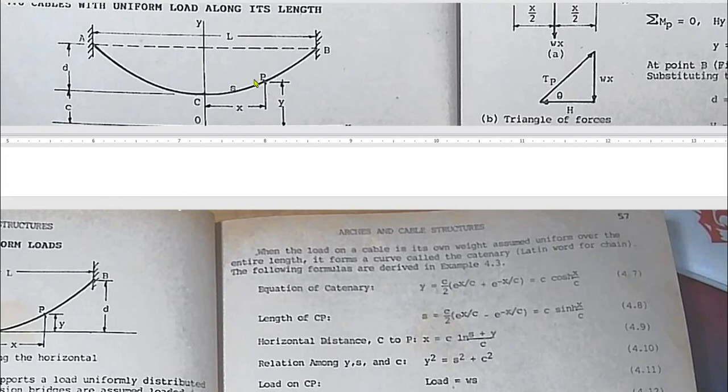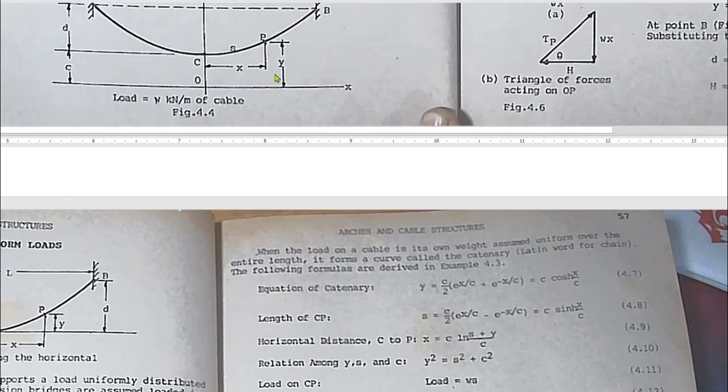And then the length of CP. Yung CP, that is the arc length from the bottom of the catenary to the point P, which is defined by X and Y. Mapapansin nyo na yung Y, yan yung distance dito sa, I think this is called directrix. Yan.